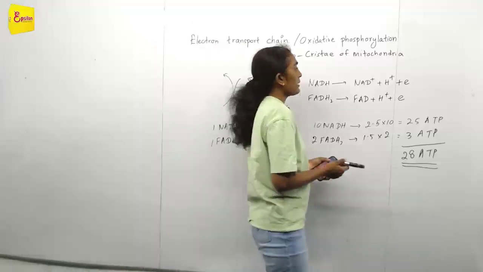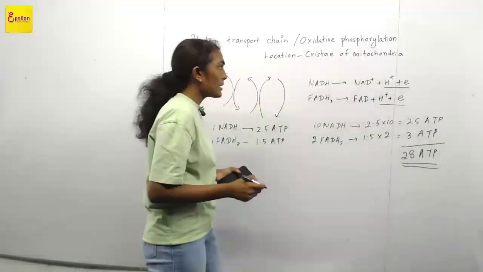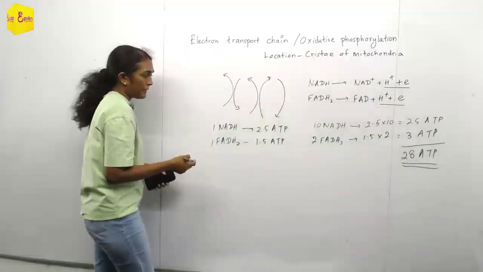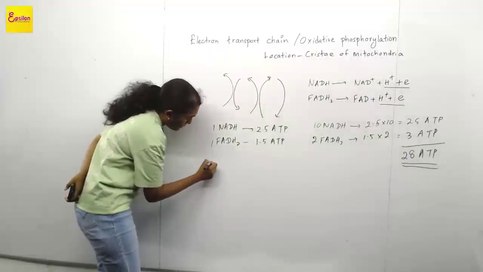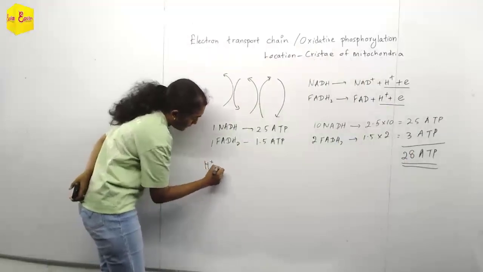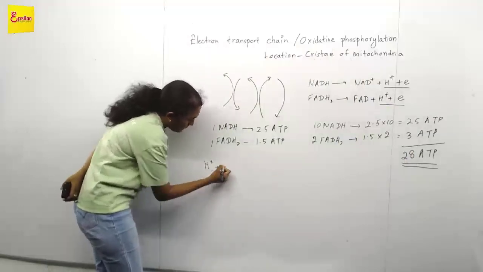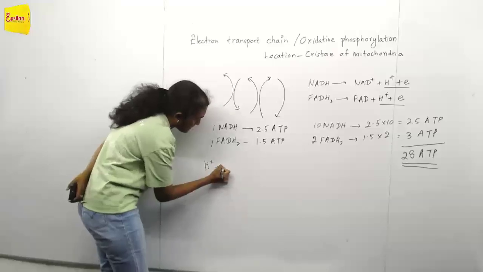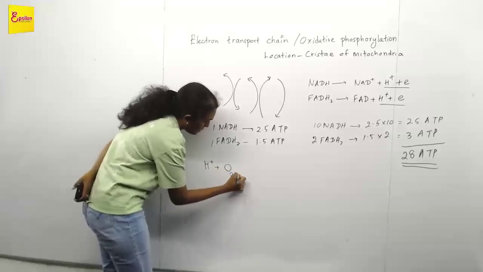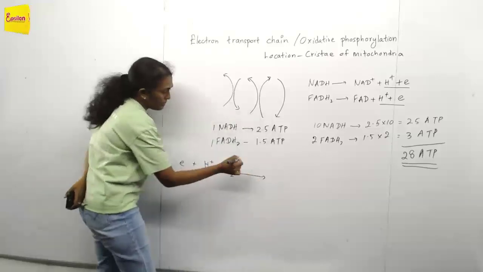Now listen everyone. Now we have H pluses and electrons removed from the NADH and FADH2. They are going to give these electrons to atmospheric oxygen, the molecular oxygen. H pluses plus oxygen plus electrons will produce water.